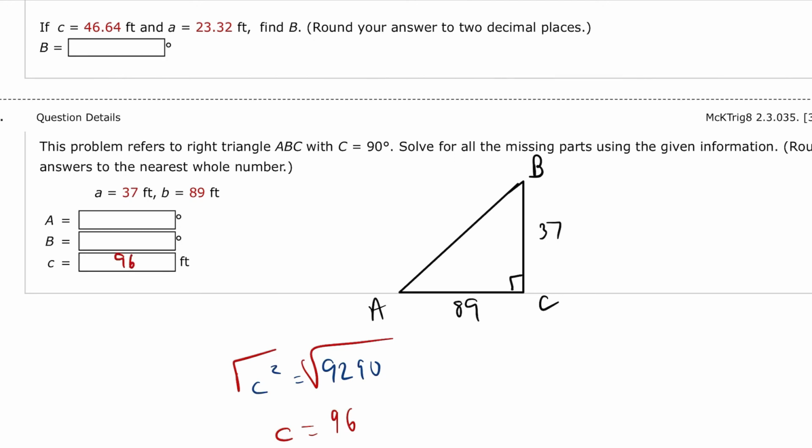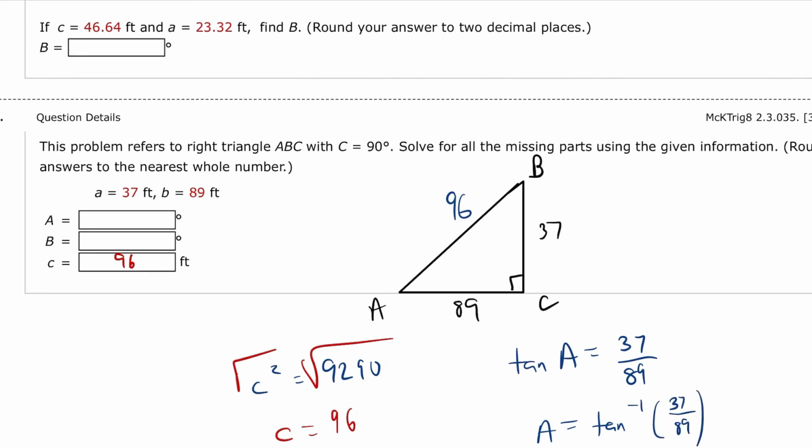Once we have that, now we can go ahead and use any trig function that we want. I think I will just stick with tangent and do opposite over adjacent for angle A. So tangent of A is opposite over adjacent. To solve for A, we take the inverse tan of 37 over 89.